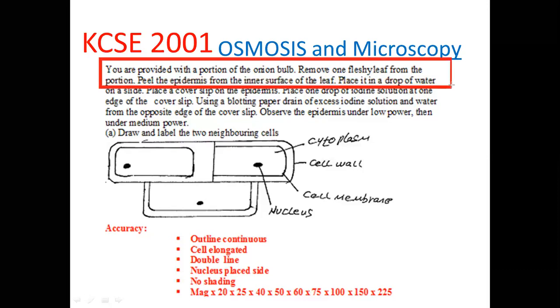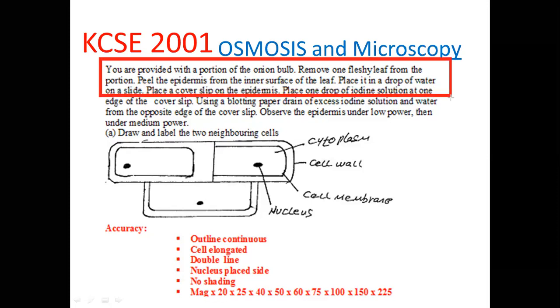So they were to peel the scale leaf. You know, onions have scale leaves, those dry leaves. You cannot obtain a sample from a dry leaf. You're supposed to use the inner tissue, the one which is flesh. They were supposed to peel the epidermis of those leaves of an onion, the round onion, not the leafy one.